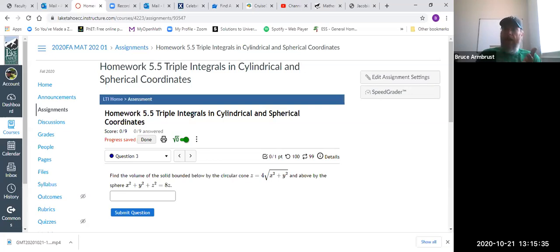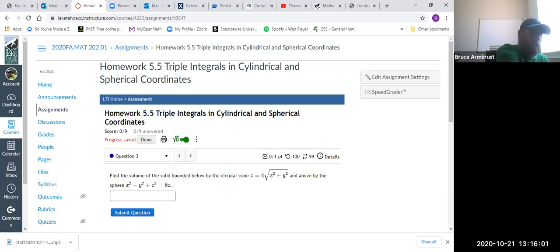So I know it's not centered at the origin, but it's really kind of the same idea. It's just that the cone may not be exactly centered on the sphere. So this could be like a lopsided ice cream cone, but we're going to approach it pretty much the same way.